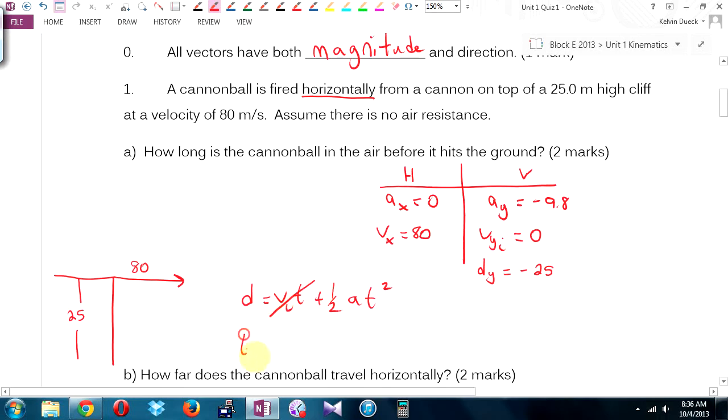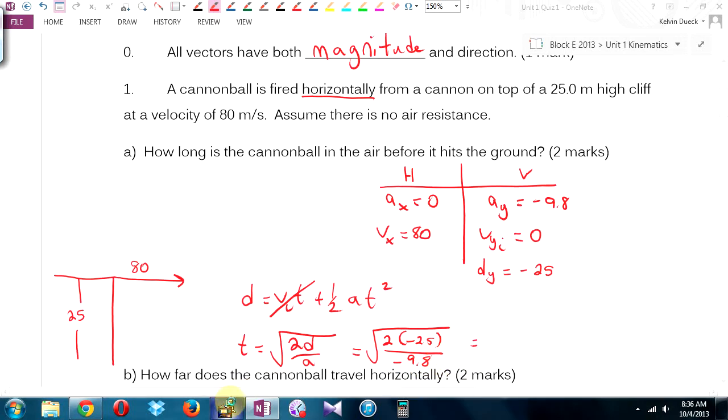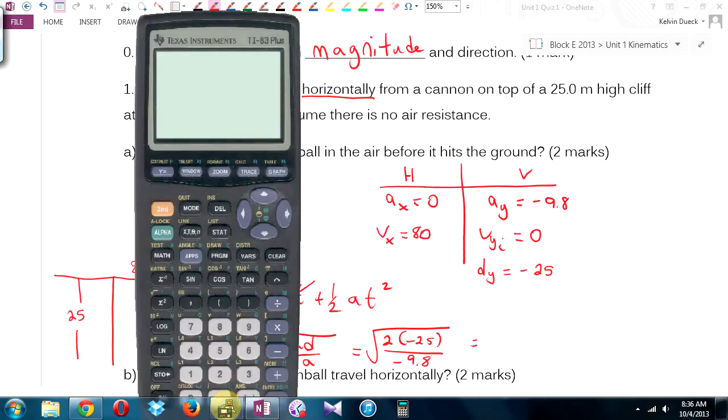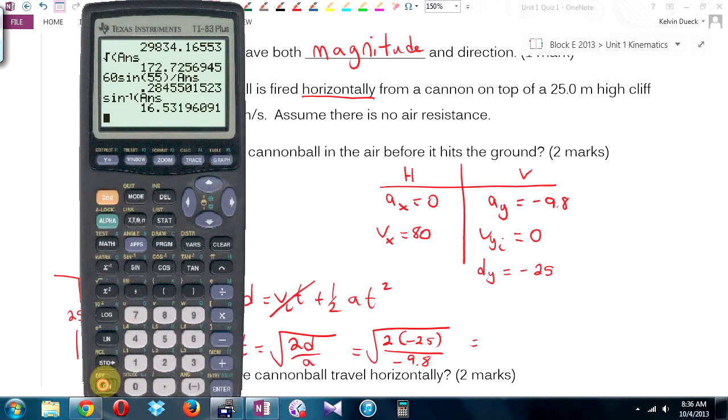I think I'm going to get T equals the square root of 2D over A. It's going to be 2 times negative 25 divided by negative 9.8, square root. 2.26, is that right?